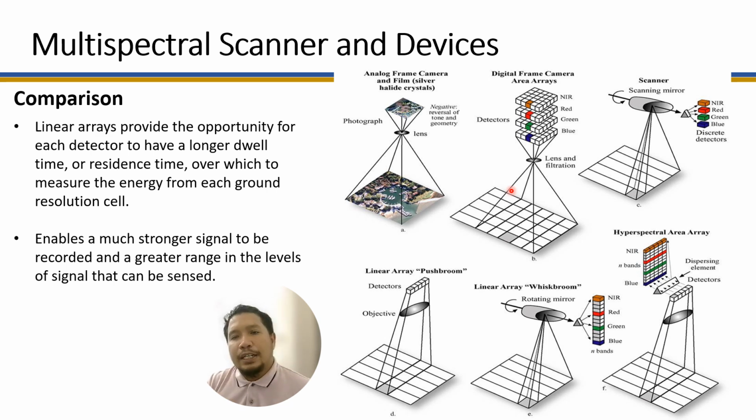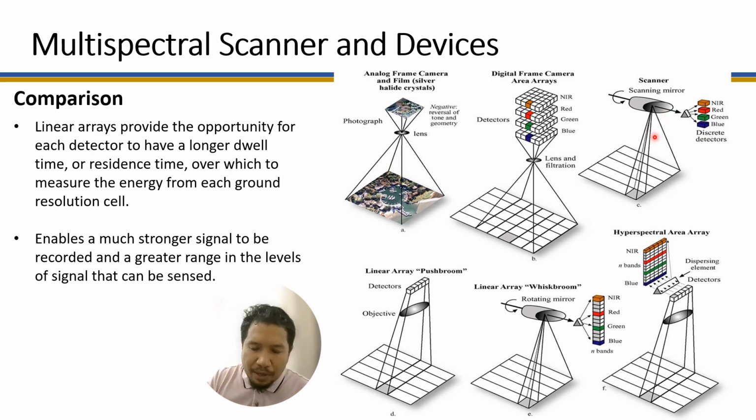Next, we have the scanner. So this is a system that uses a scanning mirror like we discussed in the whisk broom, and it has discrete detectors. So the mirror sweeps across the scene and captures it line by line.